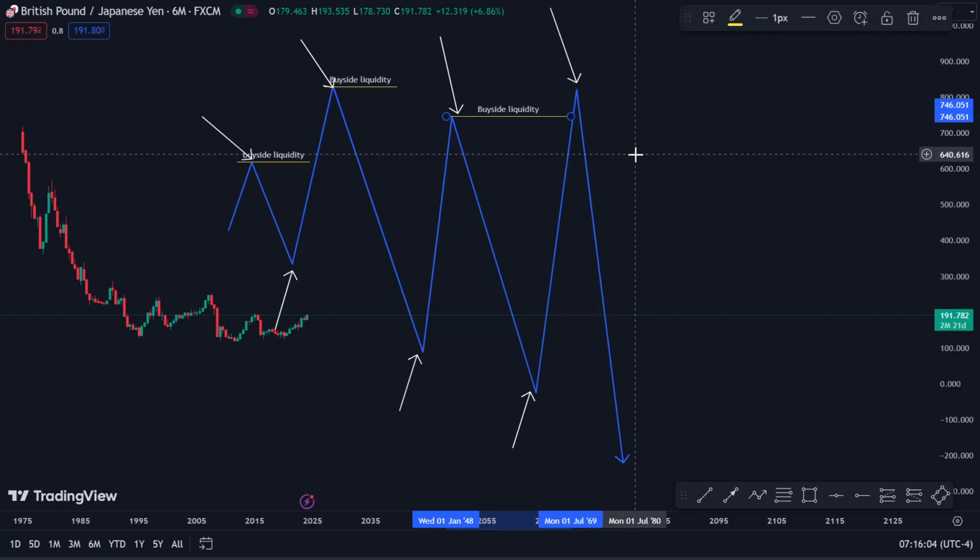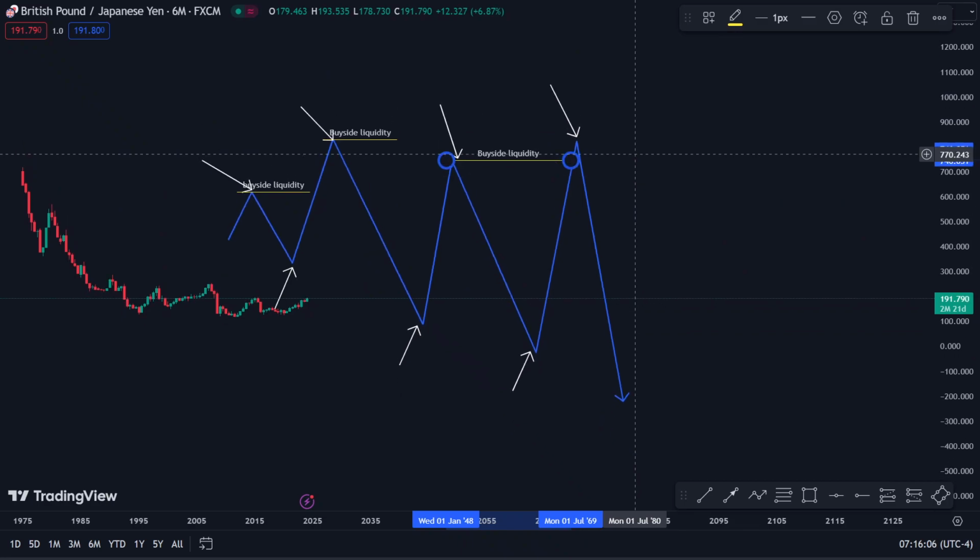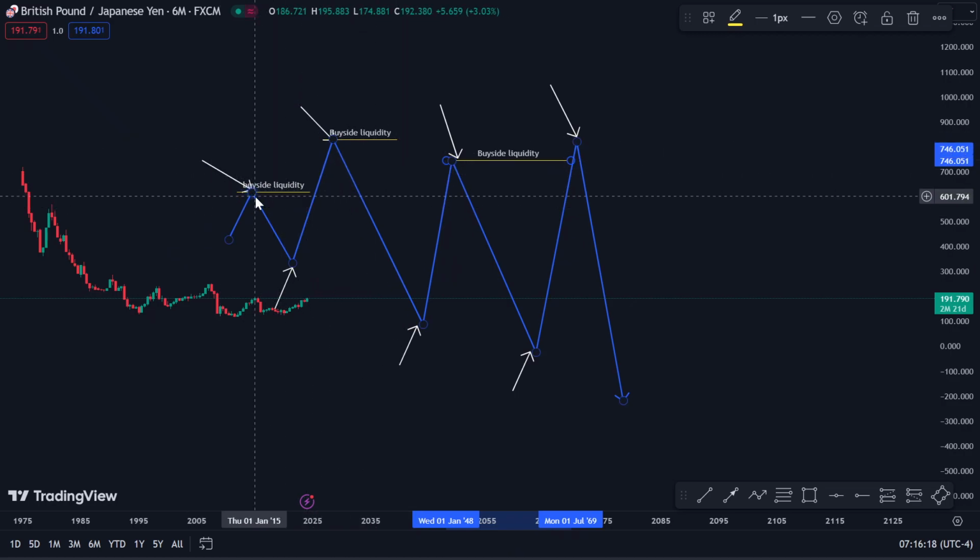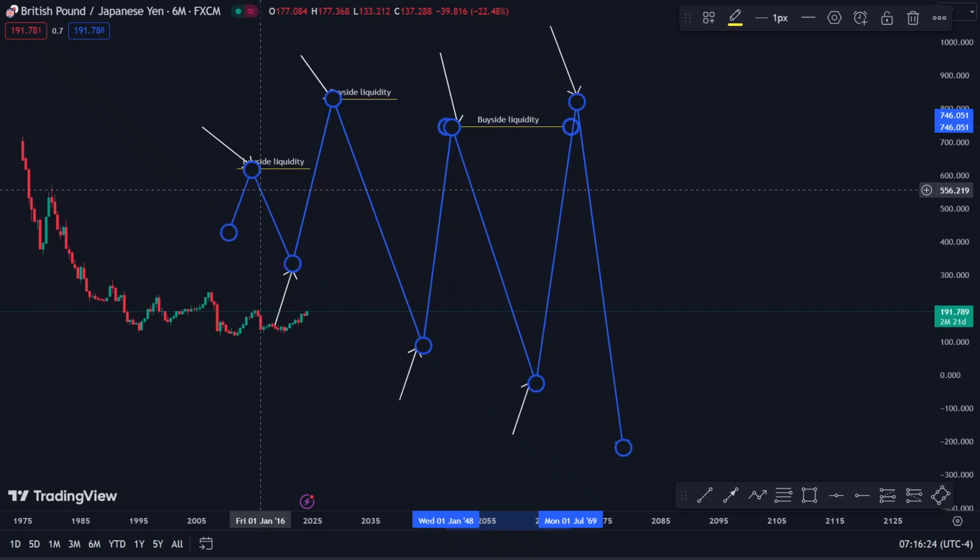So it's very important. This forms the foundation of getting to understand one of the primary reasons why the market moves, and that is to take out the buy side liquidity. And what do we have at the buy side liquidity? We have buy stops, for the institutions and the hedge funds and so forth.